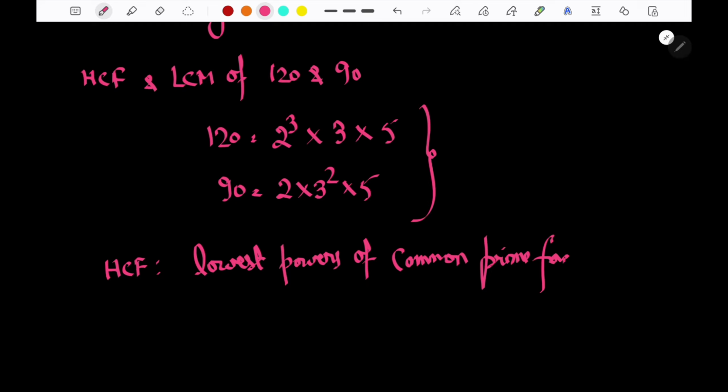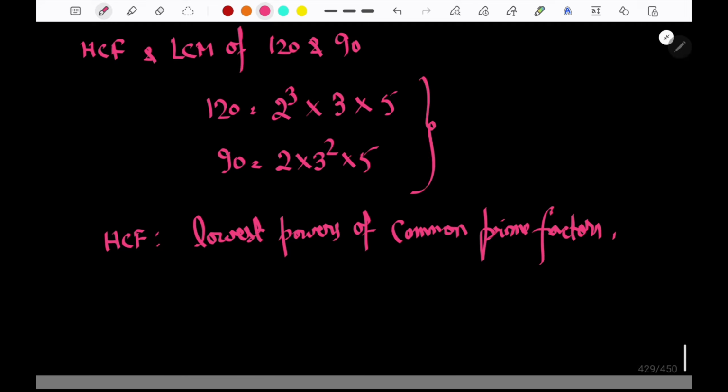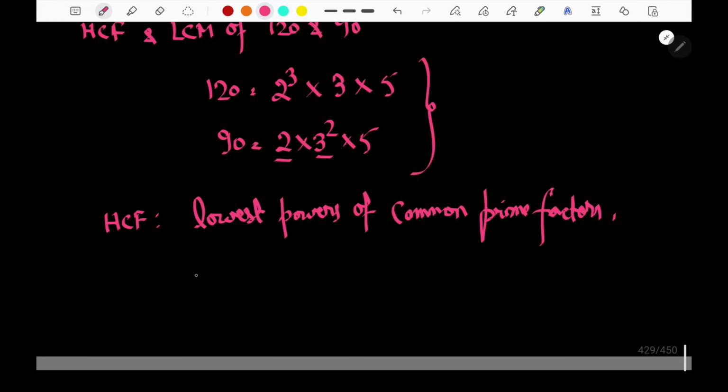Now what are the common prime factors? One is 2, another is 3. So choose the lowest power. So for lowest power, it can be 2 to the power 1 into 3 to the power 1. Nothing else. Yeah, there is 5 also. So 5. So therefore HCF will be equal to 2 into 3 into 5 to the power 1. That is equal to 30.